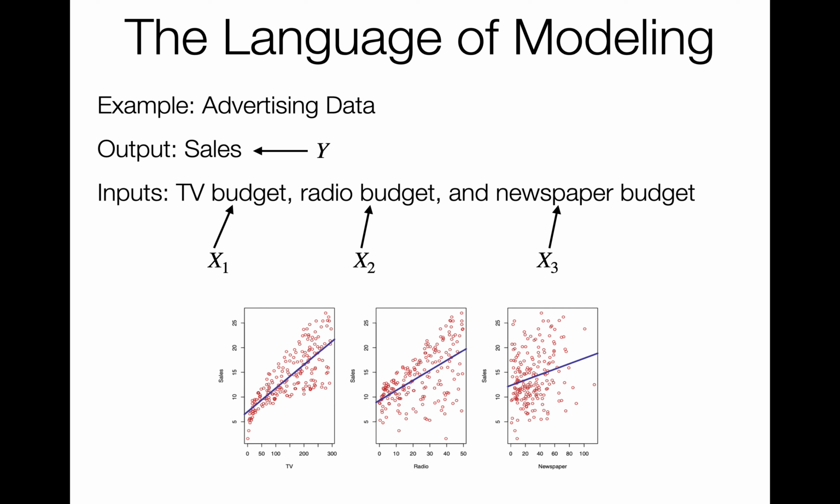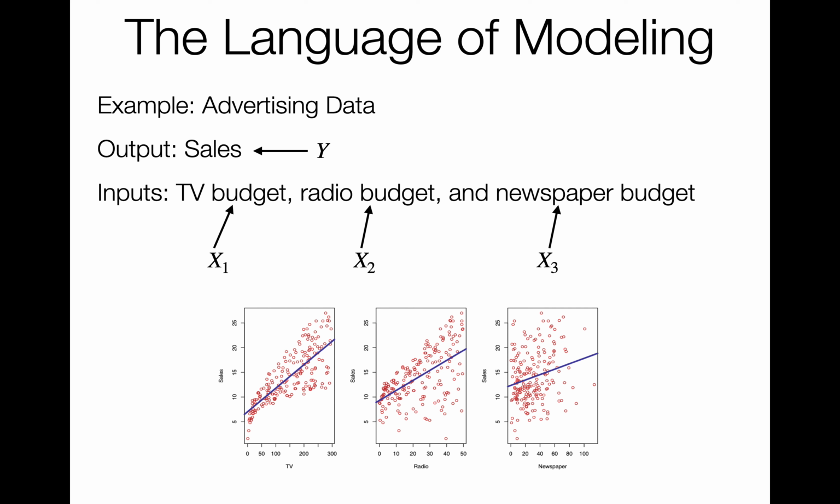So this would be what's called a regression model. And as you would know in Stats 2, you may not always want to look at these separately. You may want to look at them together in what's called a multiple regression scenario.